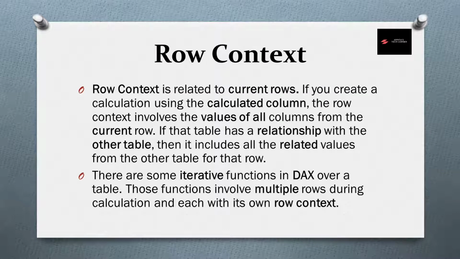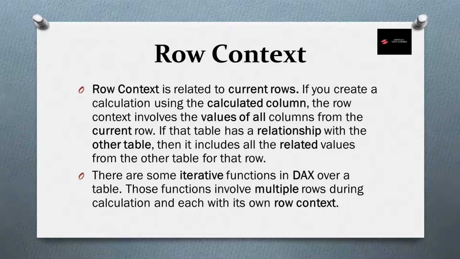Next, row context. Row context is related to the current row. That means if you create a calculation using a calculated column, the row context involves the values of all columns from the current row.